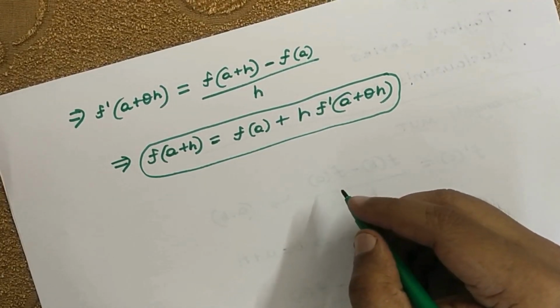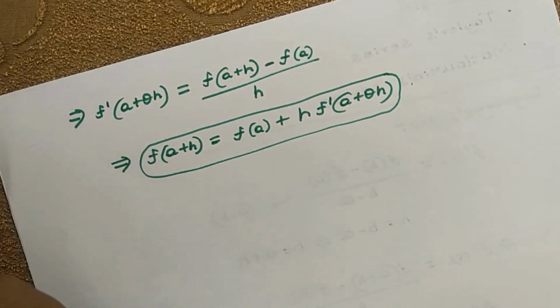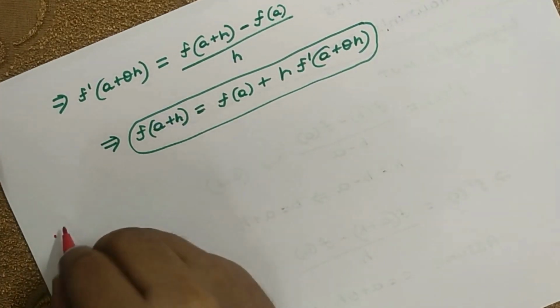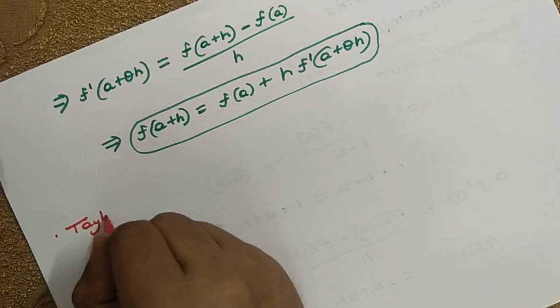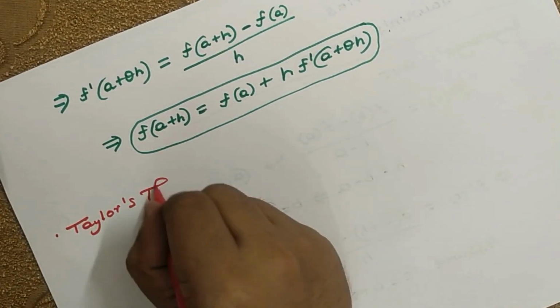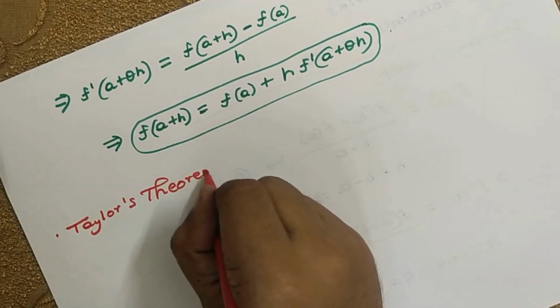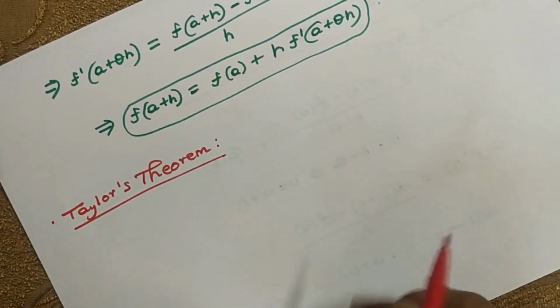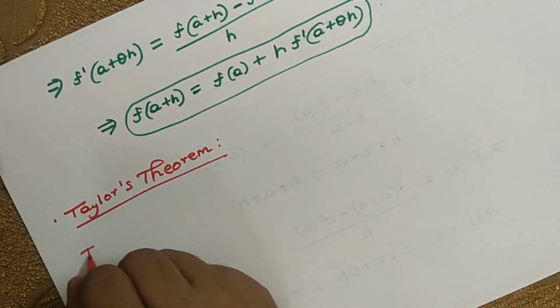Let's see the generalized mean value theorem, or we can say the Taylor's theorem. Taylor's theorem has conditions.